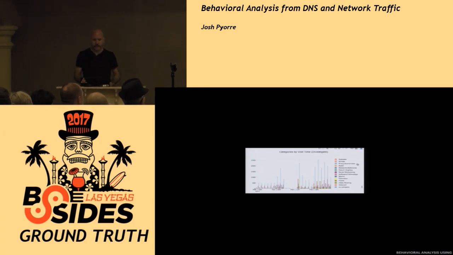Small screen, sorry. So this is kind of a weird way to do it, but I can zoom in and I can look at the categories based on the time, which gives me a better indication of what kind of behavior is going on inside my network or the network I'm watching.